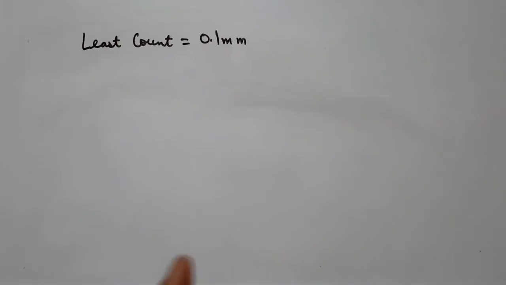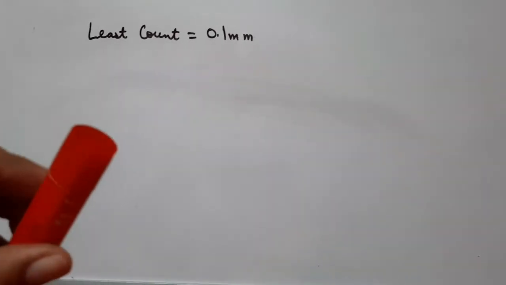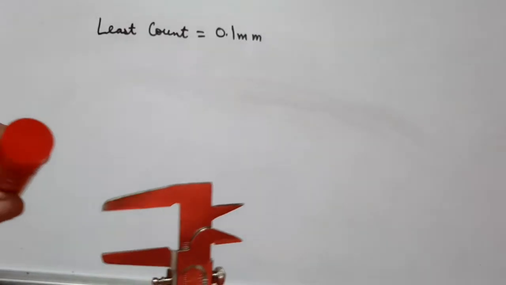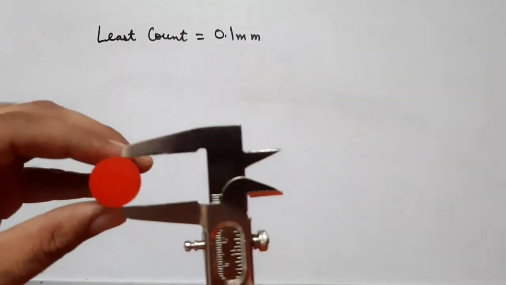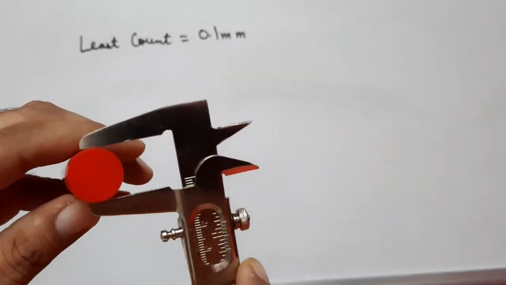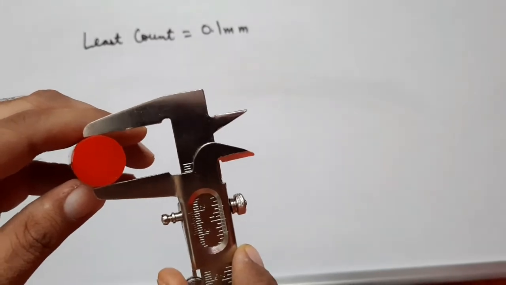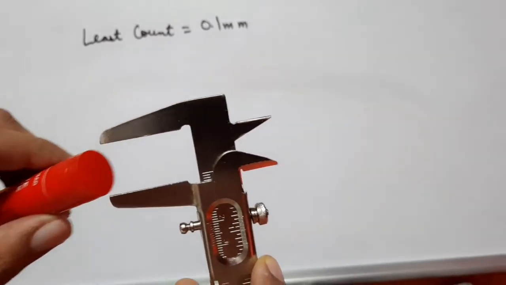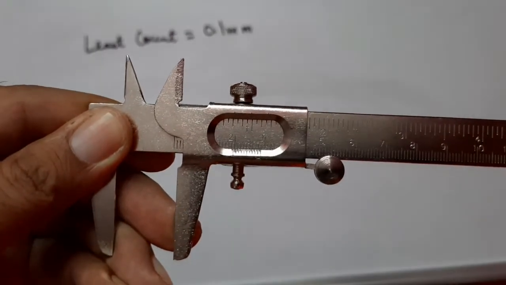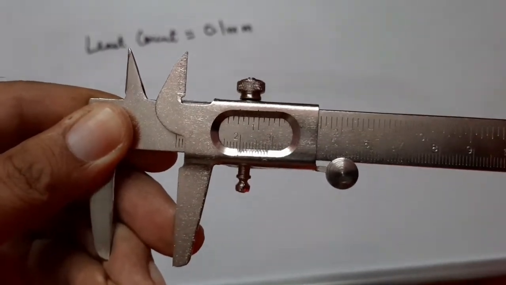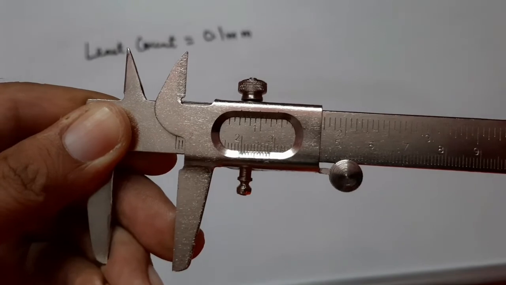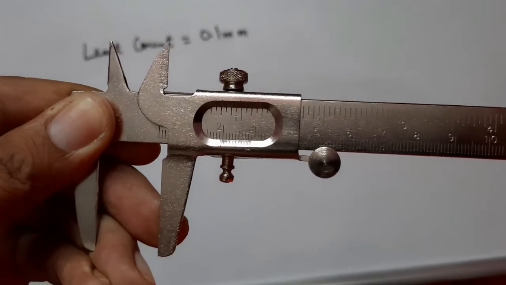Now let's measure the diameter of this cylindrical object with this vernier caliper. Just hold the cylindrical object between the jaws of the vernier calipers. Remove this cylindrical object and just note down the reading on the main scale. We can just see that the reading on the main scale is just under 2.